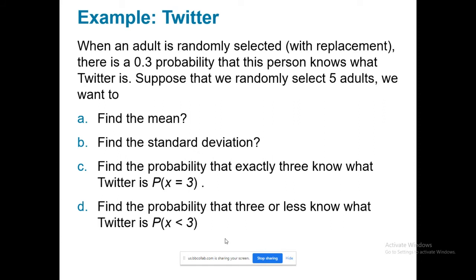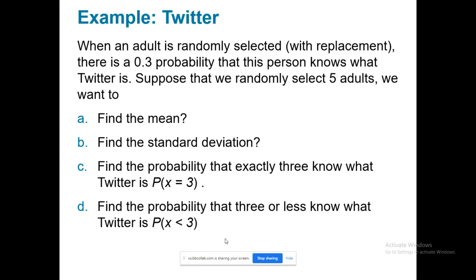We want to find the mean, we want to find the standard deviation, we want to find the probability that exactly 3 people know what Twitter is, so x equal to 3. We also want to find the probability that 3 or less know what Twitter is.